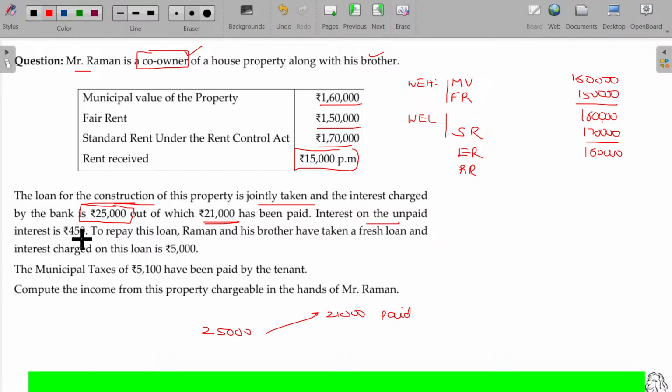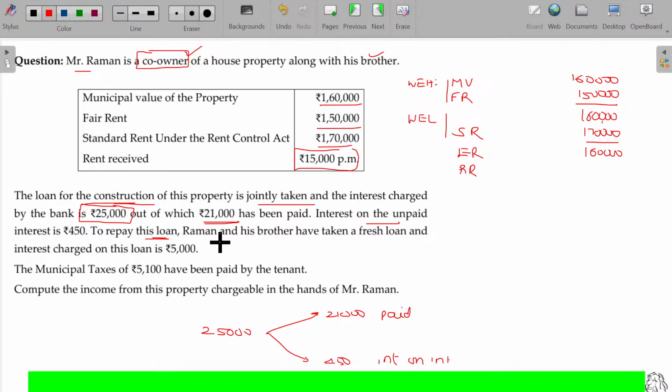Interest on unpaid interest. So on the due date, they have not paid the loan. As they have not repaid, they again charge the interest on the accrued interest. Interest on interest, which is 450.